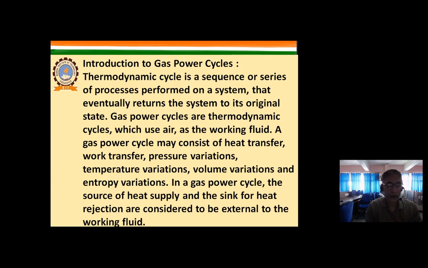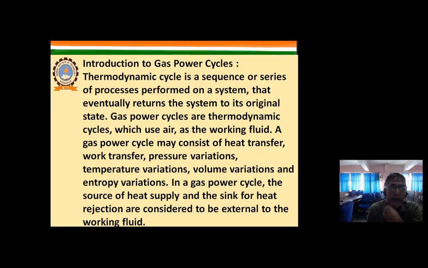Now we are going to discuss some important definitions related with the gas power cycle. A thermodynamic cycle is a series of processes performed on a system that eventually returns the system to its original state. Gas power cycles are thermodynamic cycles which use air as the working fluid.